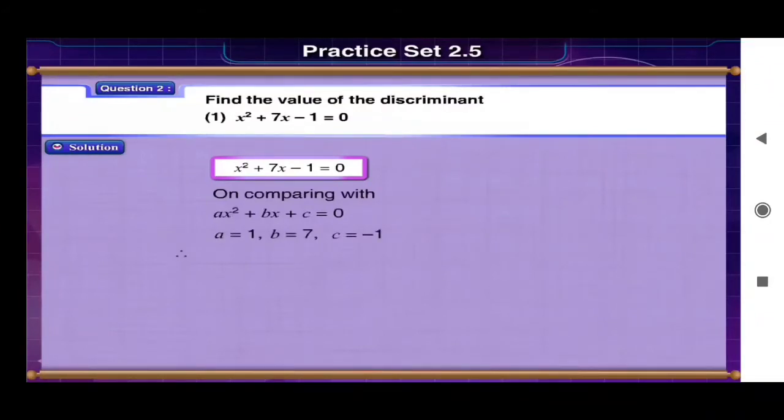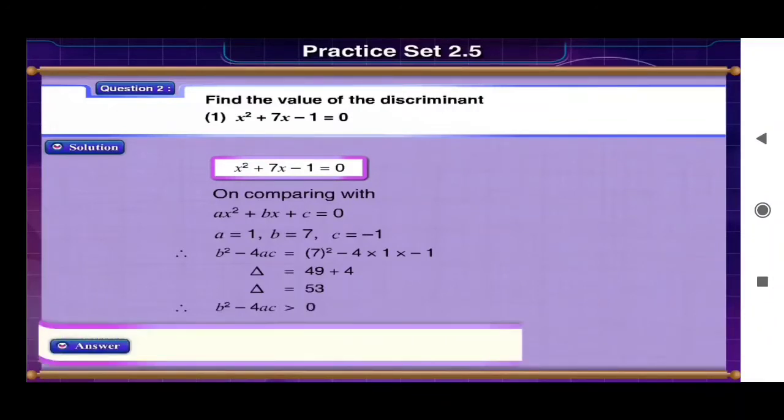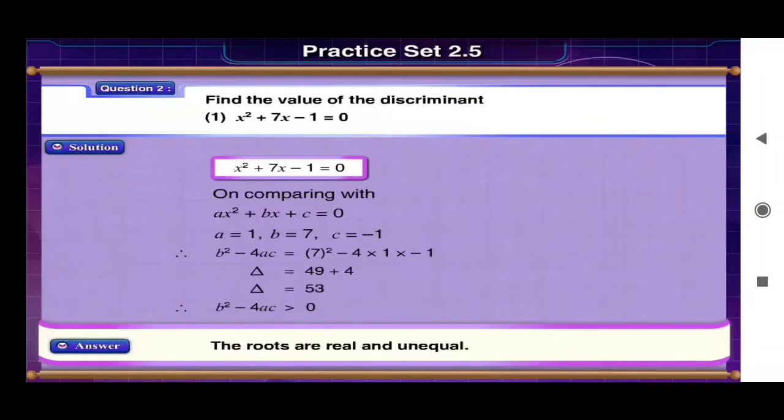Therefore, b square minus 4ac is equal to 7 square minus 4 into 1 into minus 1. Delta is equal to 49 plus 4. Therefore, delta is equal to 53. Therefore, b square minus 4ac is greater than 0. So the answer is, the roots are real and unequal.